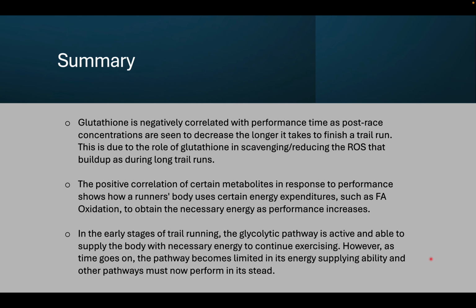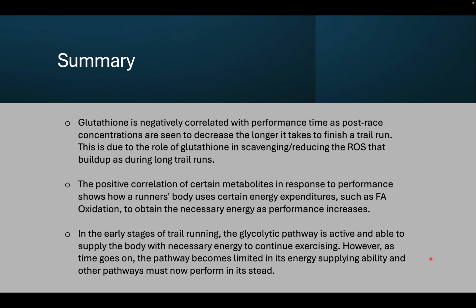Secondly, we looked at positive correlation of certain metabolites with performance, meaning that they increase as the time it takes to run increases. Through these metabolites, we analyzed that lipid metabolism or fatty acid oxidation is a key energy source to continue our high endurance trail running.